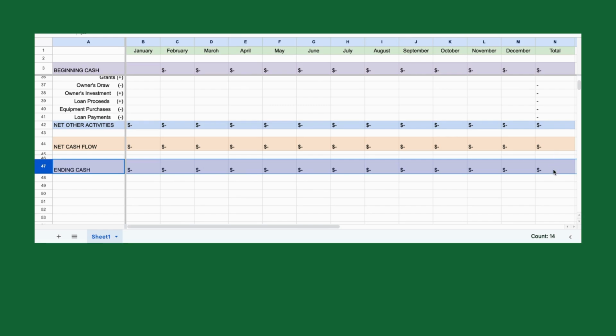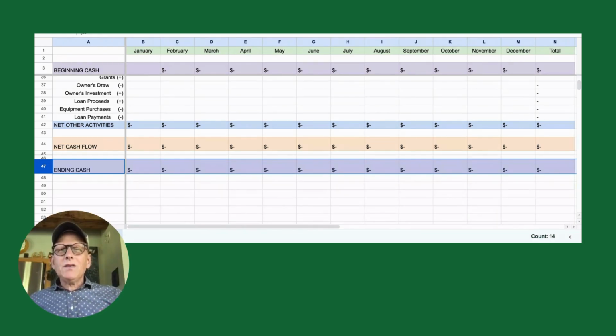And this is a number which you always want to see positive, because if it's a negative number, that means you're bouncing checks, you're out of cash to pay for things. You've not only spent more money than came in, but you don't have enough to cover your expenses over the month. To me, this highlights how the cash flow projection can be used as a diagnostic tool for seeing and understanding the financial well being of your farm.